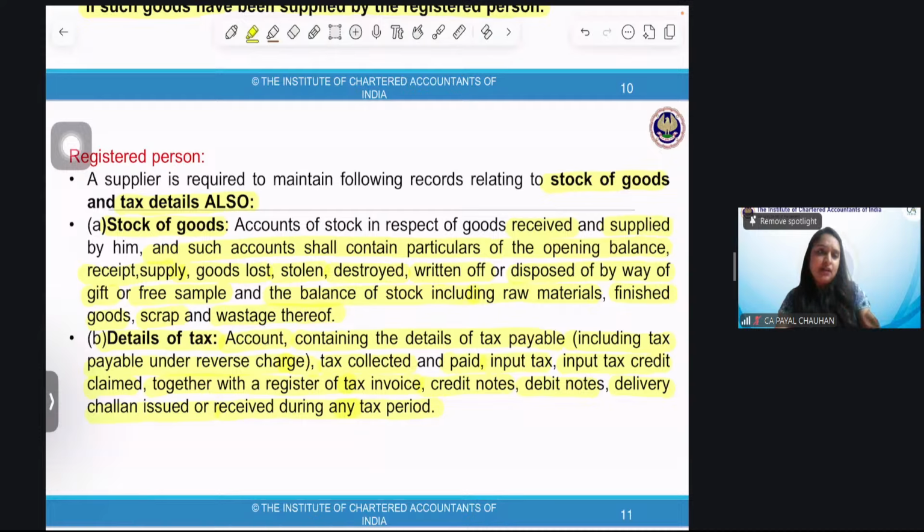But do you feel I need to maintain stock of goods or detail of tax? Tell me. I don't, because as per stock of goods I'll claim ITC, and for a compo dealer ITC is not available and I cannot collect taxes on my supplies. So payment of tax detail is also not required.